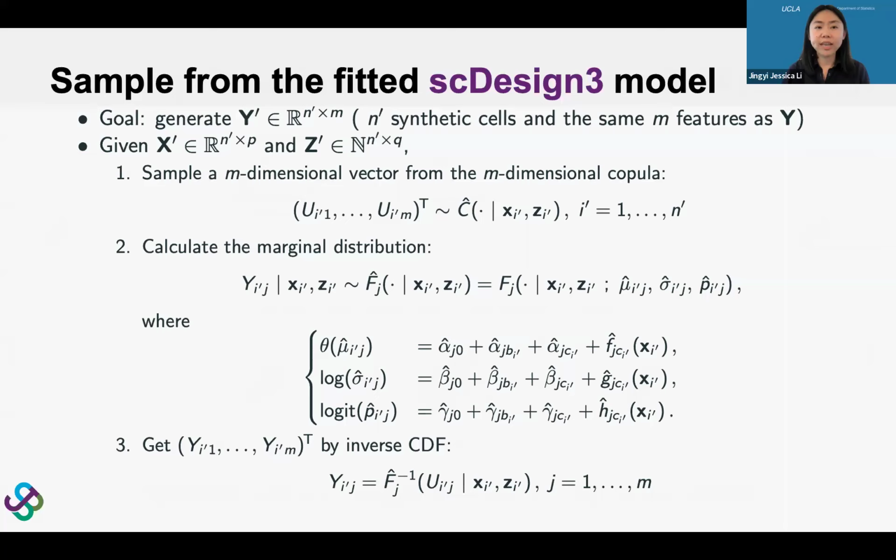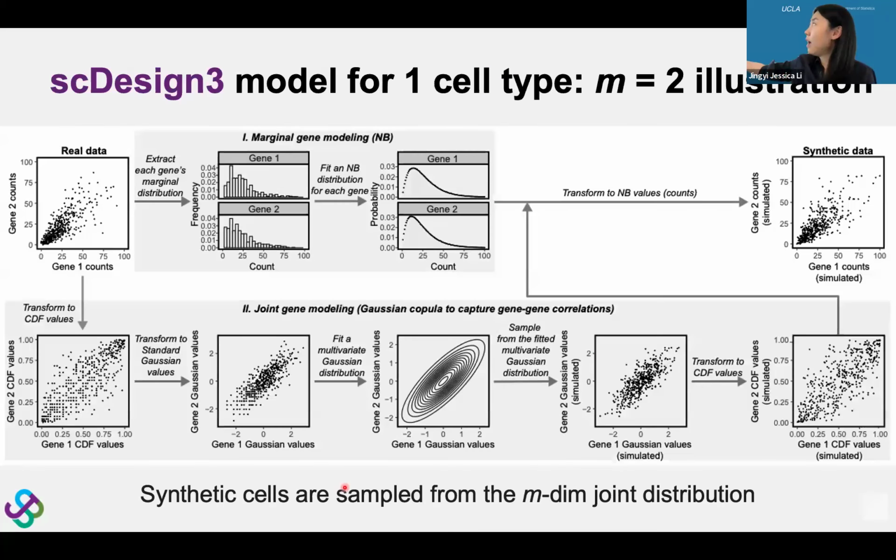Here, I will illustrate the idea using our model for one cell type, two genes for illustration. So we assume this is single cell RNA-seq data where marginally every gene can be reasonably assumed to follow a negative binomial (NB) distribution. So in our marginal model fitting, we fit an NB distribution for each gene.